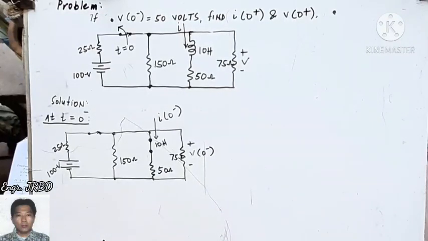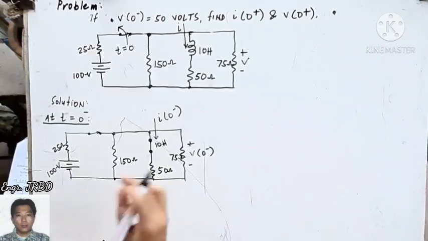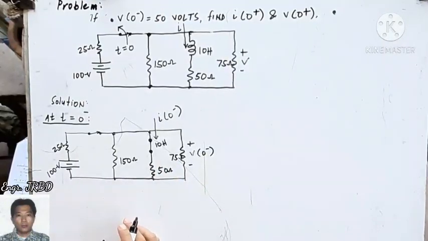Just the same, we can obtain your I by applying the current divider. But first we need to determine the total resistance.